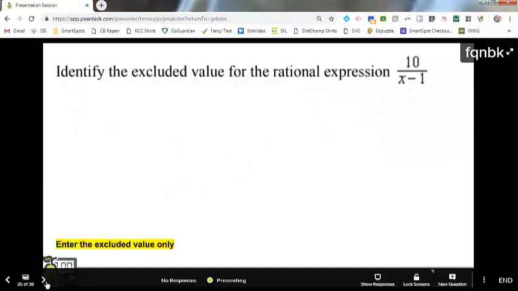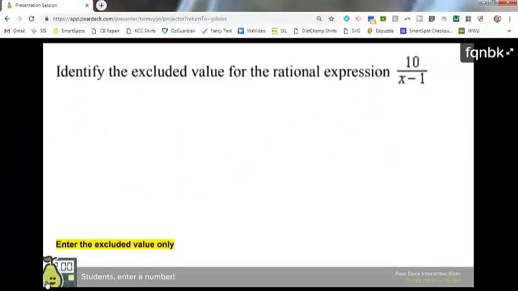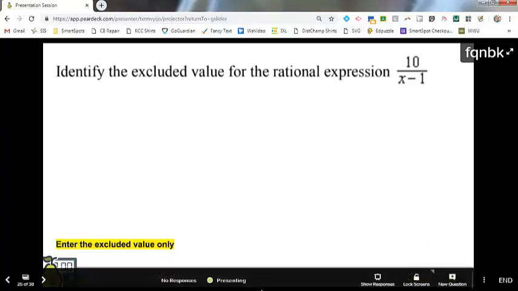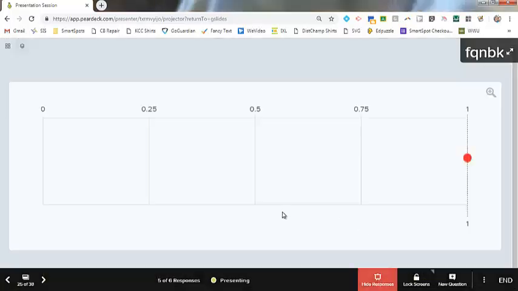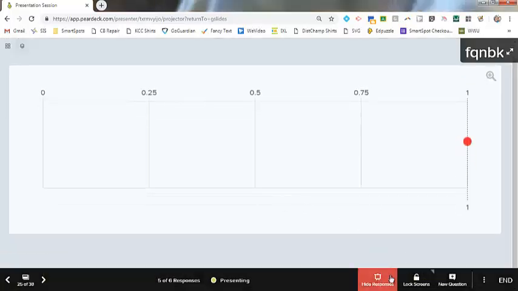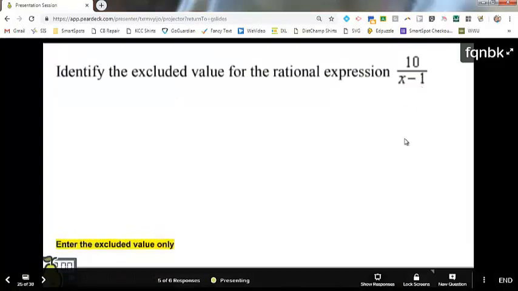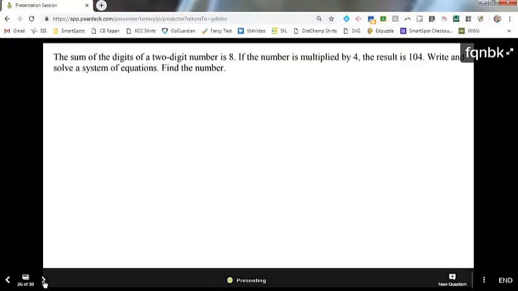On your own, quickly. This should take minimal effort here. Okay, everybody has said it's 1. That's correct. X minus 1 equal to 0. Add 1 to both sides. 1 is the excluded value.